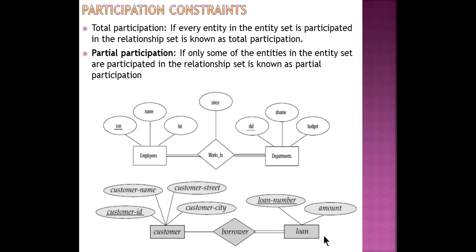So that's why from the loan side, the participation is always total, because if there is a loan, there must be an associated customer. If there is a customer, it is not mandatory that the customer must have a loan. That's why the participation is partial here. Partial participations are represented using single lines, and total participations are represented using double lines.